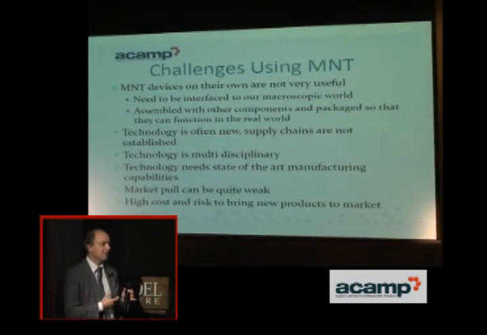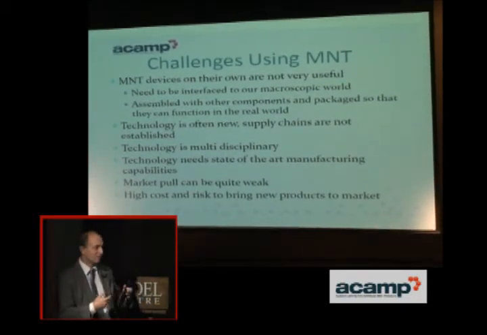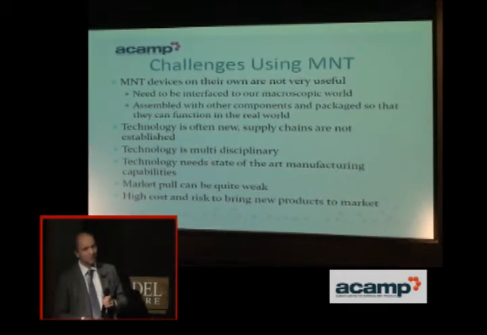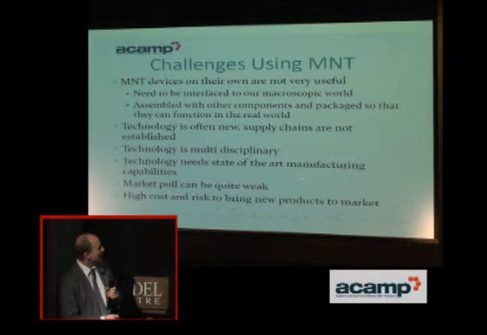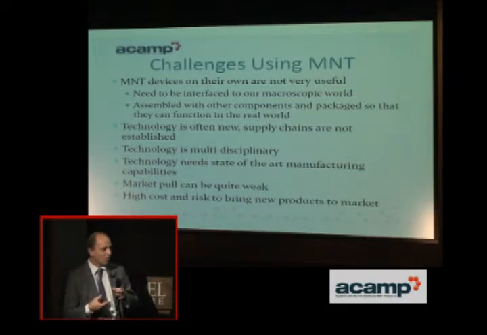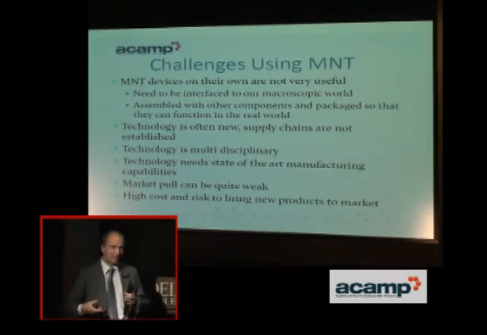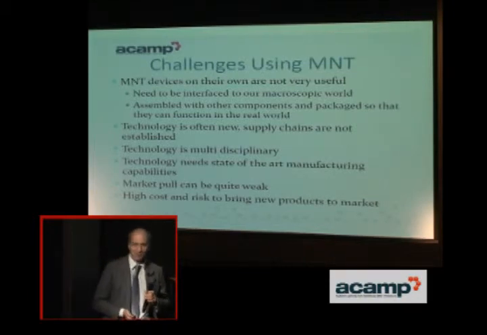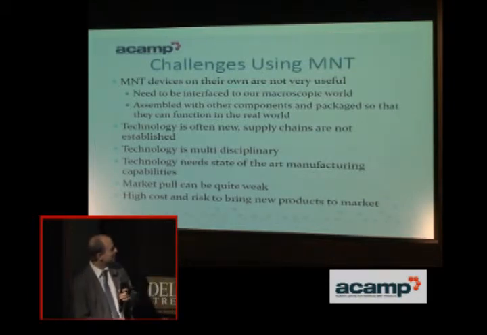So it's all very well, you can get your very clever molecule, but then you've got to build a whole bunch of other things around it to actually turn it into a useful device, and building those supply chains is difficult. As you've seen hinted at this morning as well, the technologies are usually cross-disciplinary, multidisciplinary technologies. So you need to bring together people of disparate disciplines, engineers, chemists, biologists, who don't often naturally talk to each other. So you've got to get them to talk to each other and work as teams.